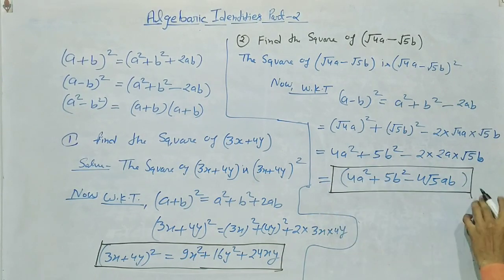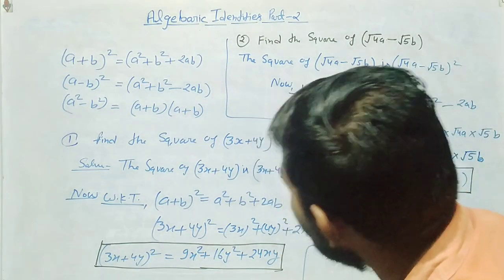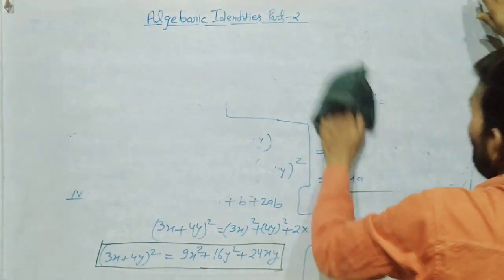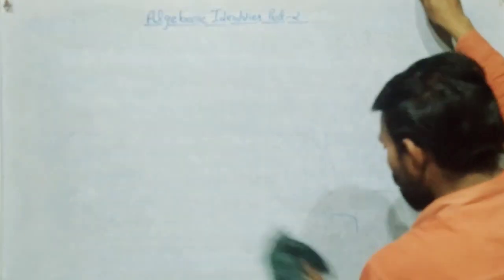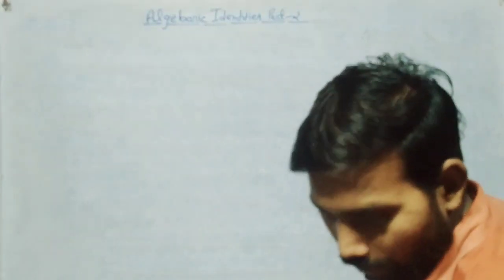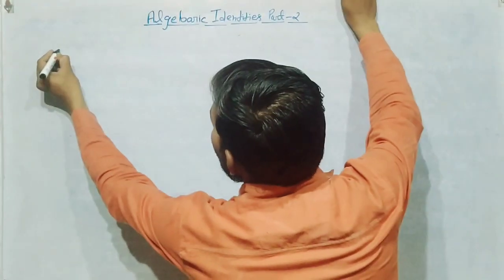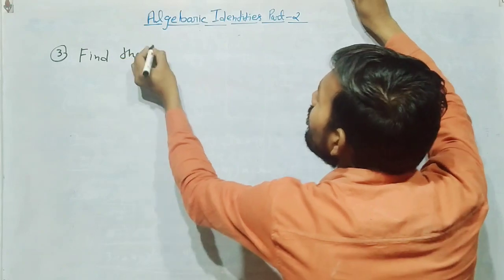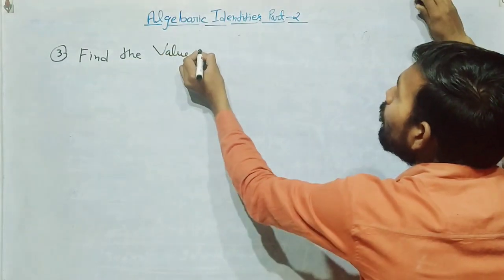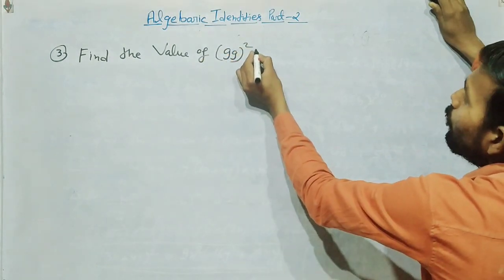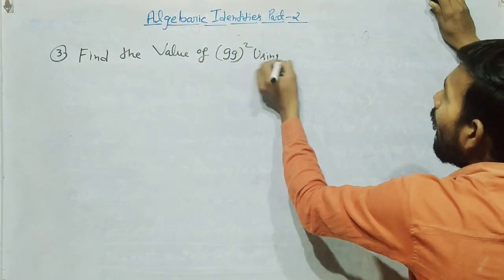Now we move to the next question. Our third question is: find the value of 99 to the whole square using identity.